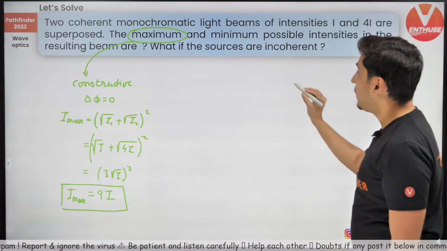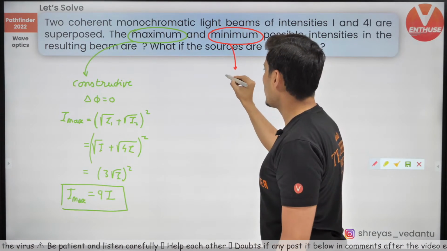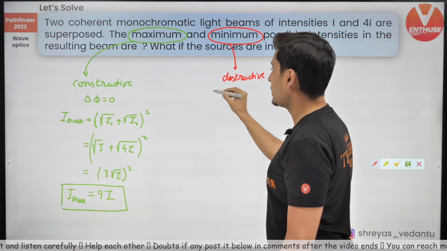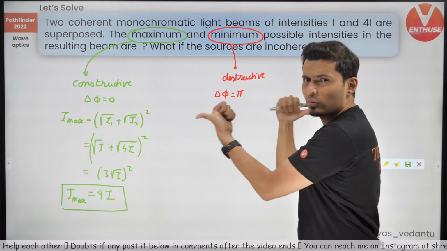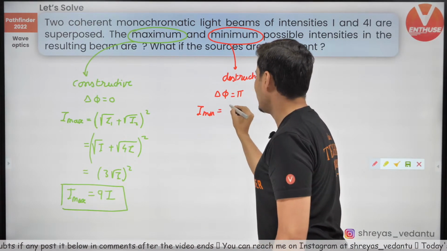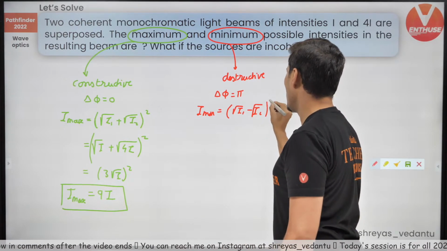But in order to find the minimum possible intensity, that means I'm talking about destructive interference. And when I talk about destructive interference, the phase difference will be opposite, out of phase, pi radians. So the minimum intensity will be root I1 minus root I2 whole square.